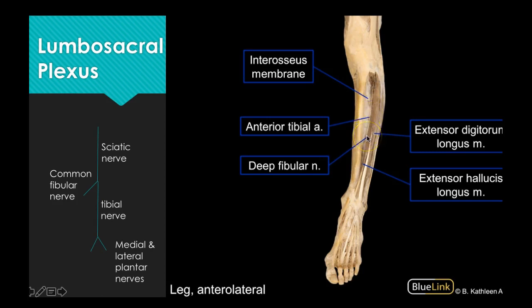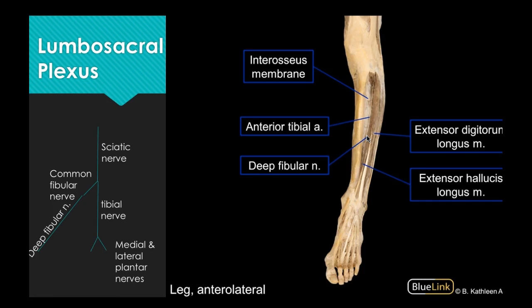The deep fibular nerve courses alongside the anterior tibial artery, and we could find this lateral to the tibialis anterior muscle that has been dissected away here. So in your schematic, you can add this line and label it deep fibular nerve.